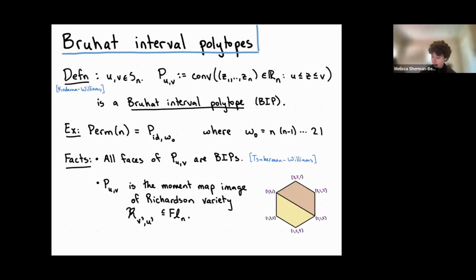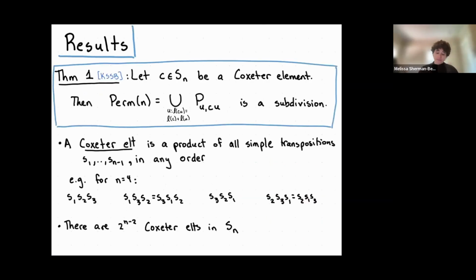Now I can tell you about our main result, keeping a couple of definitions for later. So the first thing that we prove: we pick any Coxeter element in Sn. I'll tell you what those are in a second. And what we show is that the permutahedron can be decomposed into a bunch of Bruhat interval polytopes.